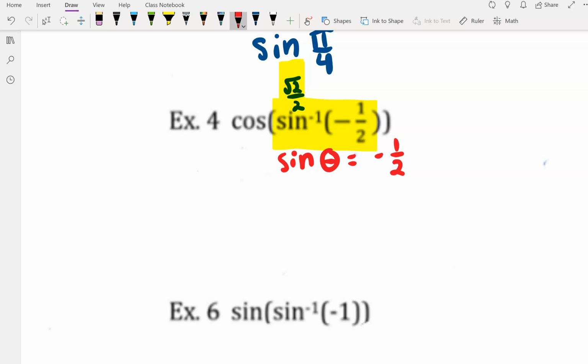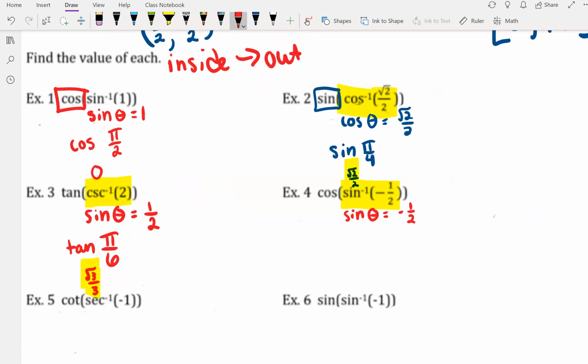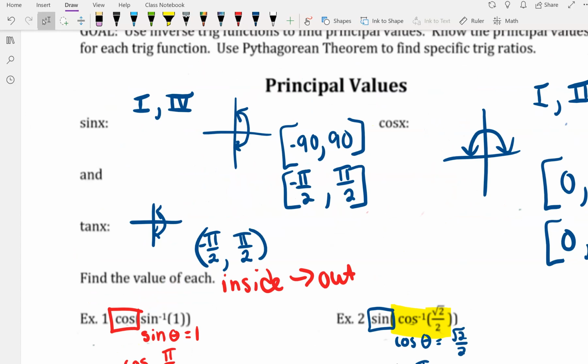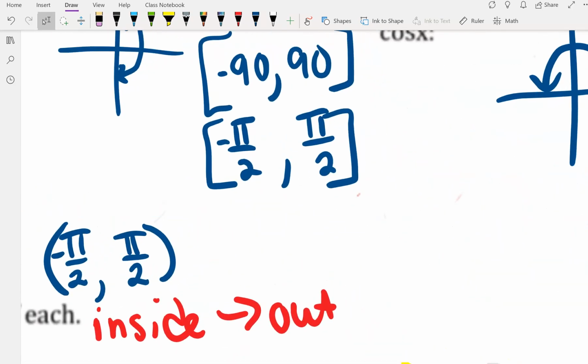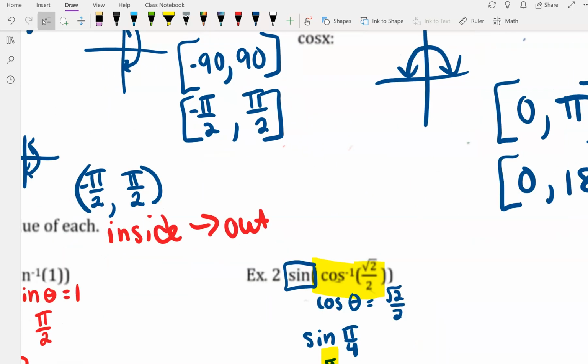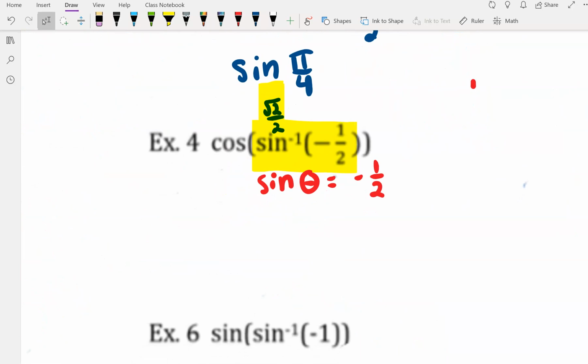So we need to think about the principal values for sine. We know that sine is going to be, if we look over here, in quadrant 1 or quadrant 4, which means from negative pi over 2 to positive pi over 2. So we're going to be looking in quadrant 1 or quadrant 4.